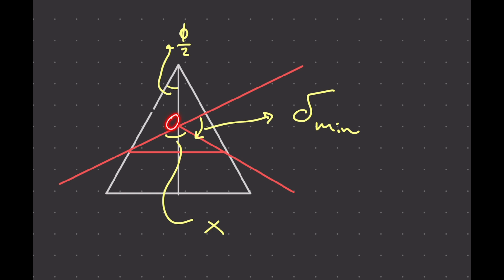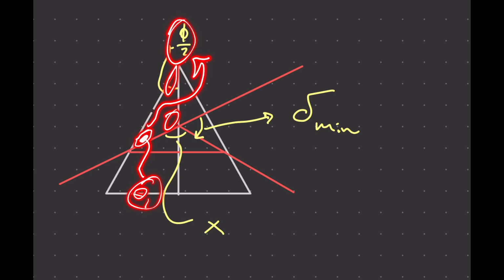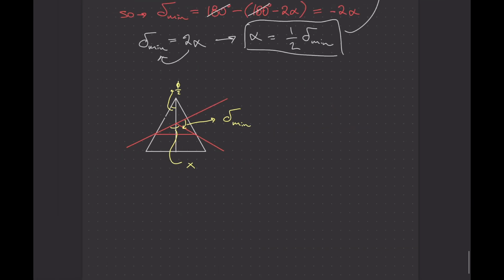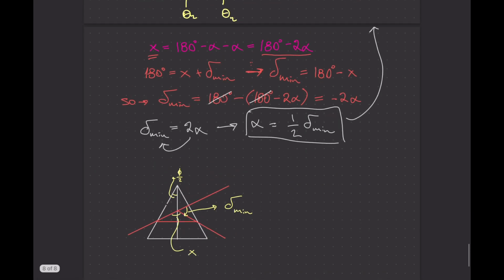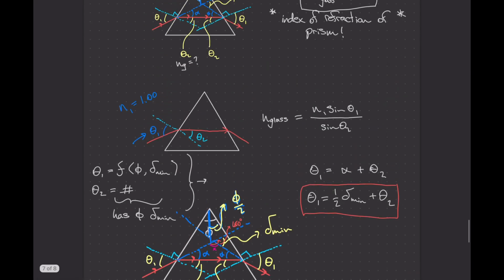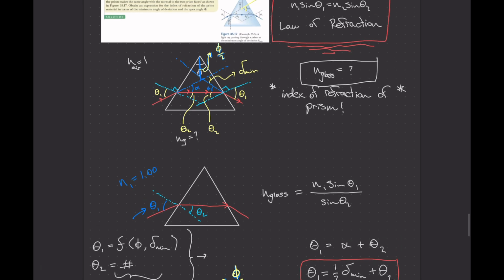I'll write it down in an equation in a second. But that means if I have this angle and this angle, I can find this angle over here. And if I find this angle, and this angle includes a theta 1 in it, then I've effectively found a way to relate phi to theta 1. So I'm not sure if you see the same thing I see over here, but we will work with that for now.